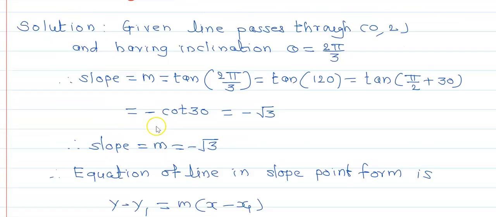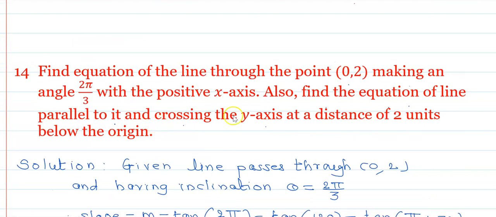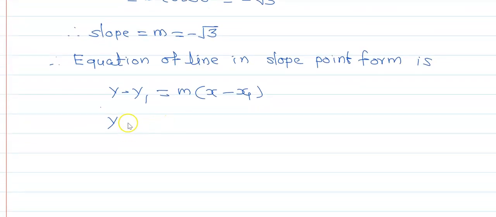The point is 0, 2, and slope m is equals to minus root 3.